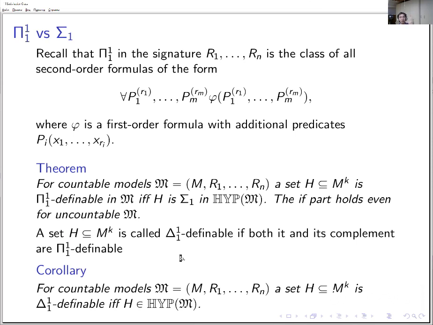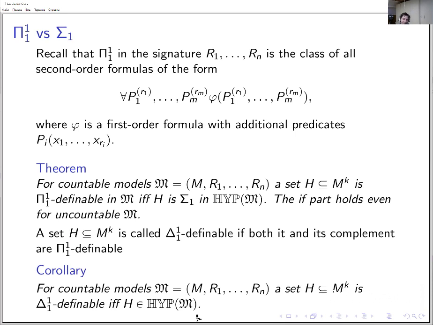Of course, if as M you take the standard model of arithmetic, then delta 1 1 definable sets in the standard model of arithmetic are exactly the hyperarithmetical sets, and also the subsets of naturals in heap of N would be exactly the hyperarithmetical sets.